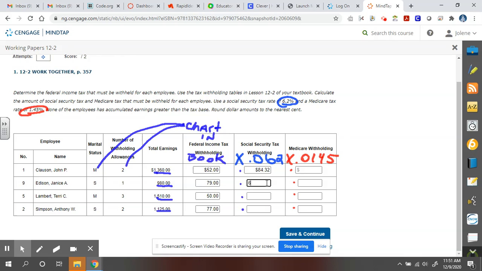So she's paying $60.76 Social Security. Terry earned $1,510. So Terry's paying $93.62 to Social Security. And Anthony made $1,125. So he's paying $69.75.